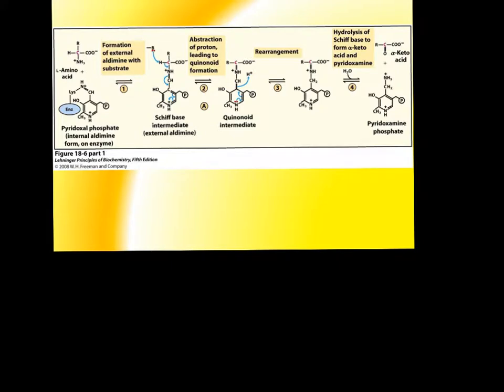So that's what we're seeing right here. We've just taken all that away. And one thing that they don't show you, because by the time biochemistry rolls around they just assume that you know, is how it got there in the first place.